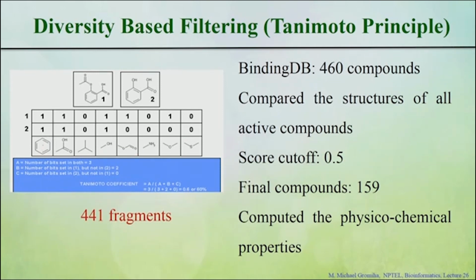Say a ring is present in the first compound, yes. A ring is present in the second compound, yes. Then the second one is this OH group, is it present here? No. It is here, right. The same for this S, it is here and here, right.